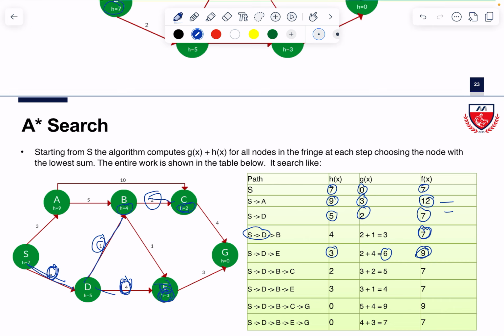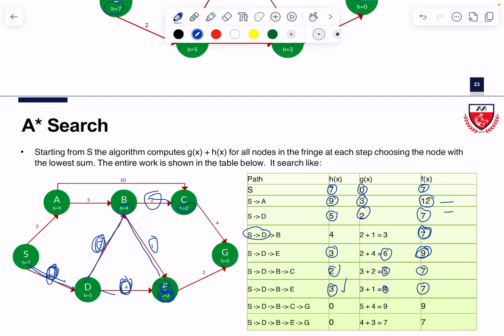So 5 plus 2, that is 7. And then SDBE. Okay. So SDBE is 3 ang heuristic cost, correct? And then yung actual cost niya is 1 plus 1, that's 2 plus 2, that is 4. So 4 plus 3, that is 7.